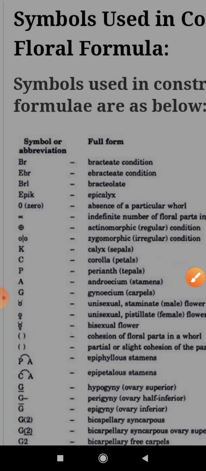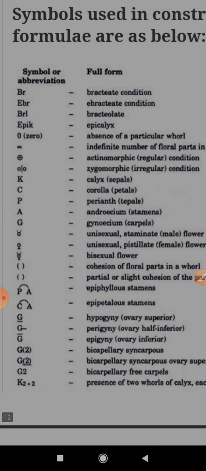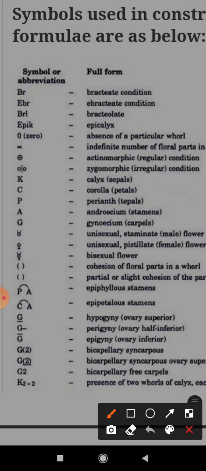Now coming to the sexes, if it is unisexual and only the stamen is present, it is a staminate flower, represented by a symbol like this, a circle with an arrow above. That means it is the male part of the flower, right? Staminate. Now if it is unisexual and only the pistil is present, the female part, then we represent it with a circle and a cross below, right?